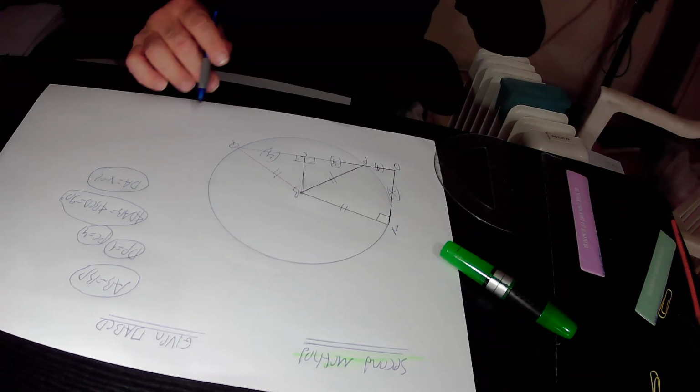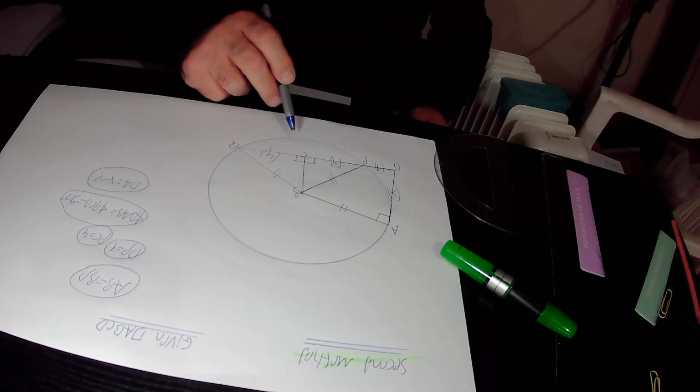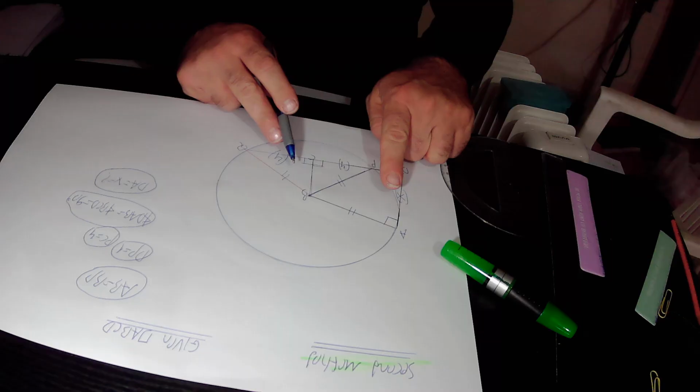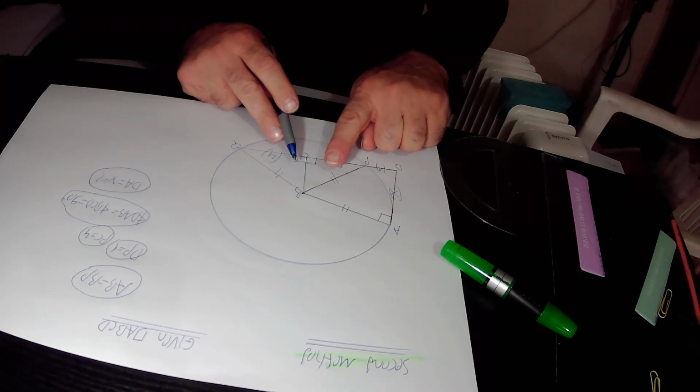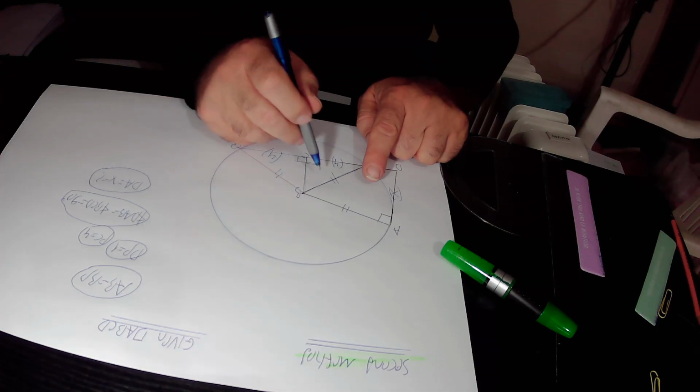So, we constructed this circle with the center B and radius BA. We define the radius BA as R. So, BA equals R.